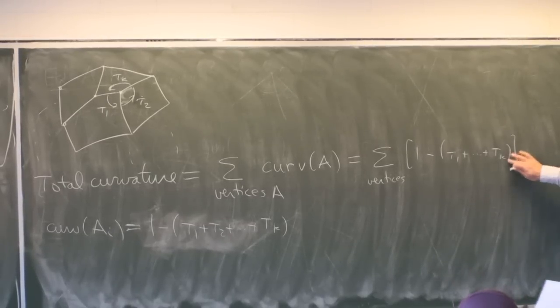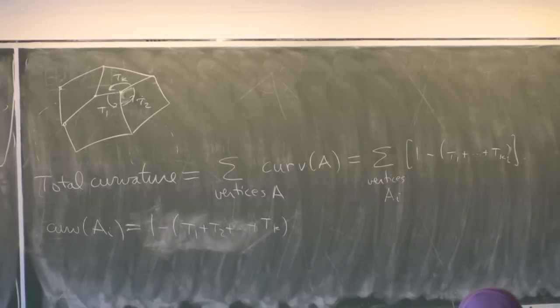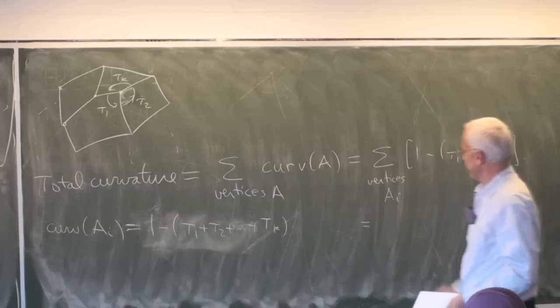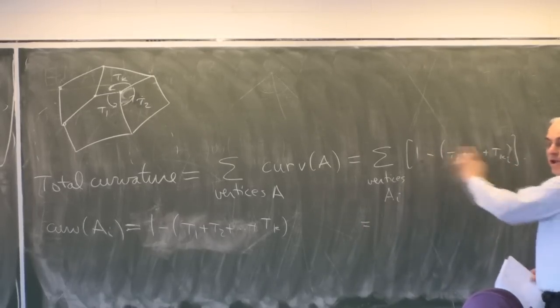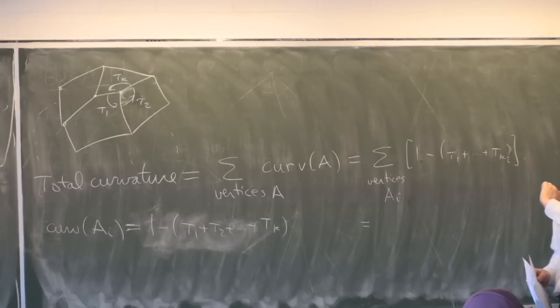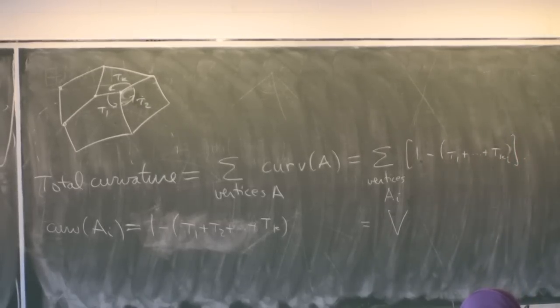The k's are going to be different, so maybe I should put ki here, to make it clear that it depends on the vertices Ai. Okay, what happens when we sum this whole thing up? There's one such sum for every vertex. This one term is easy to sum. It's going to be 1 for each vertex, so that's going to give us the total number of vertices for sure.